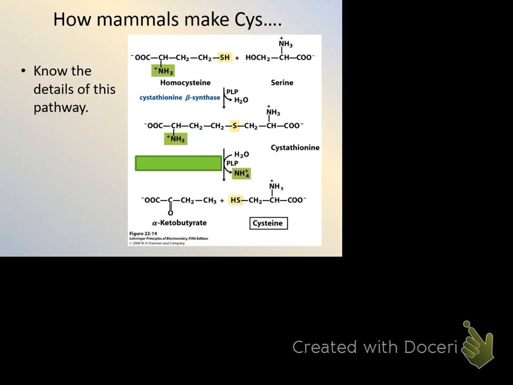Now we use PLP to deaminate, and whenever that happens, not only do we deaminate it, but we break it apart into two different things: cysteine and alpha-ketobutyrate. It's a ketone type of body, which can then be utilized for energy if you need to use it for energy.